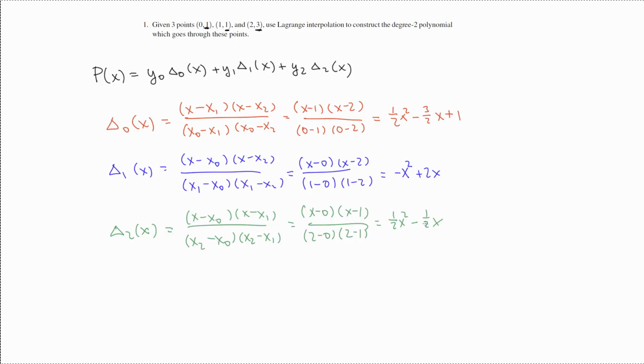So now we just plug delta 0, delta 1, delta 2 into the above formula to give us the Lagrange interpolating polynomial.